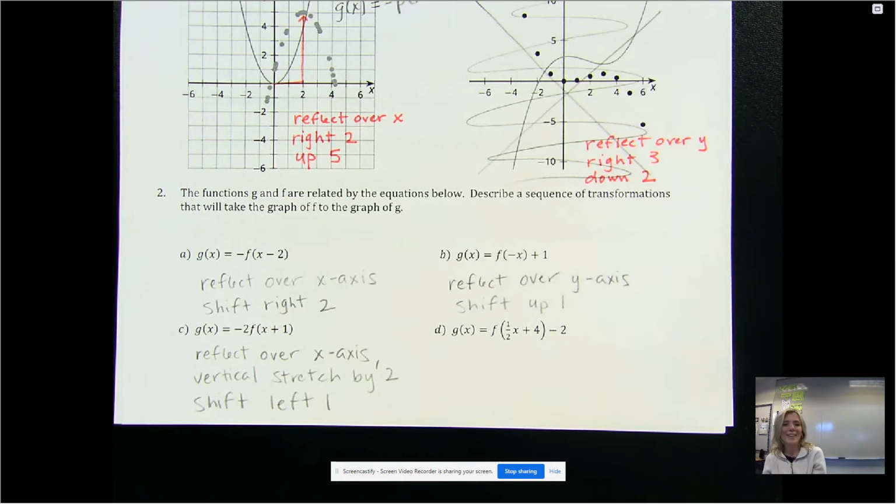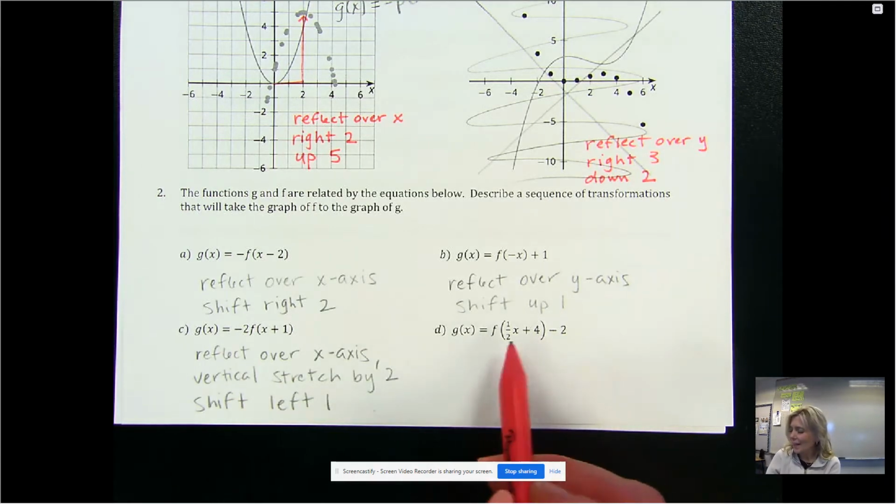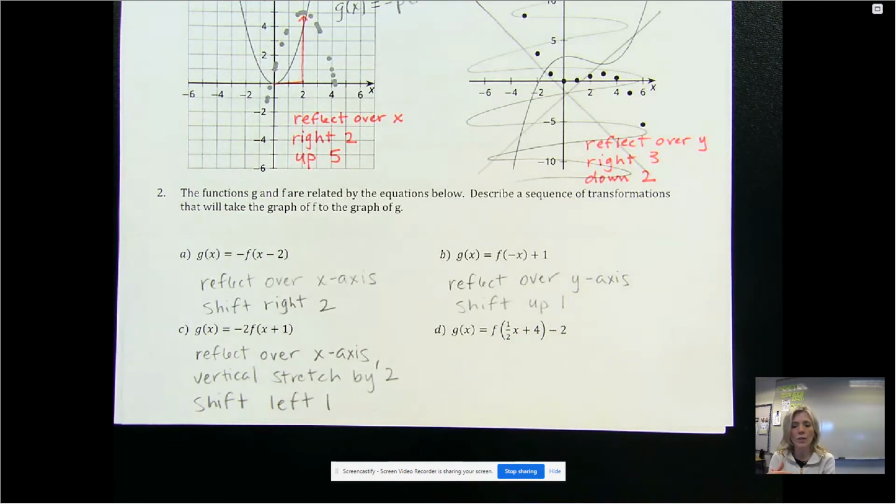And then finally, on the last one here, this time our scale is on the x. We're scaling the x, and so that's a horizontal scale. But remember that when you scale the inputs, the opposite thing happens. So a scale of 1/2 actually is a stretch of 2. This would need to be a 2 to have a compression of 1/2. So it's actually being stretched by 2, the reciprocal of 1/2.